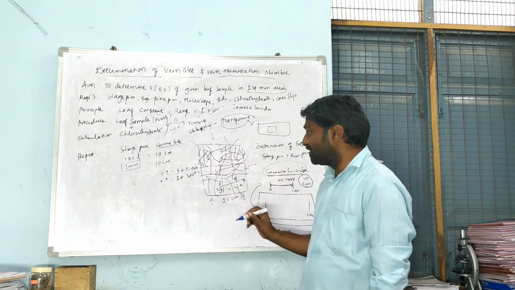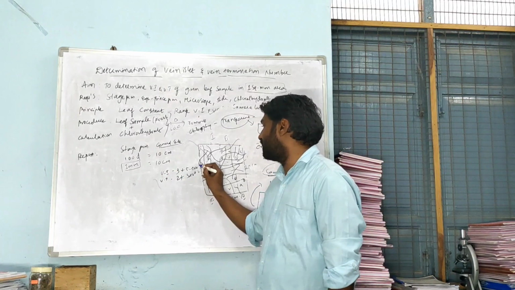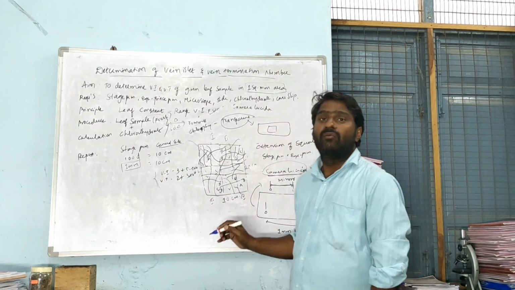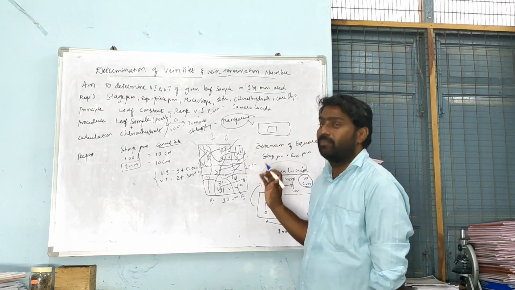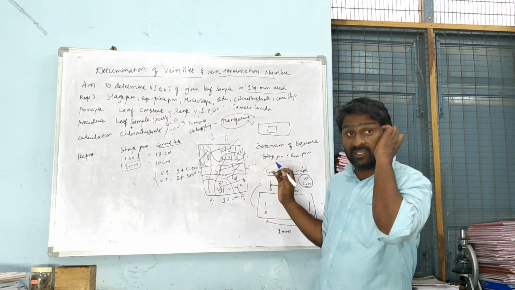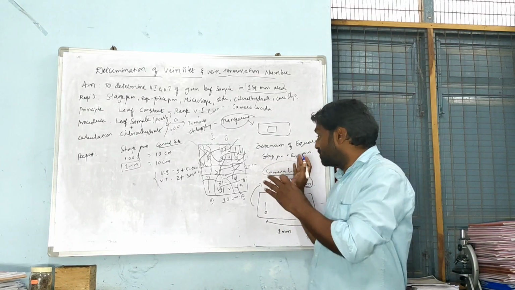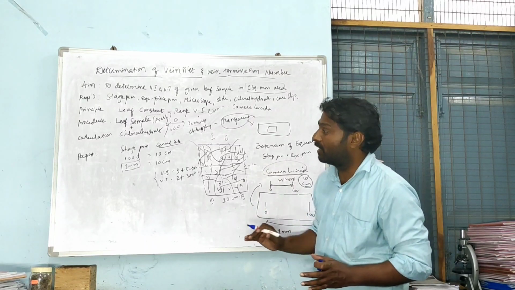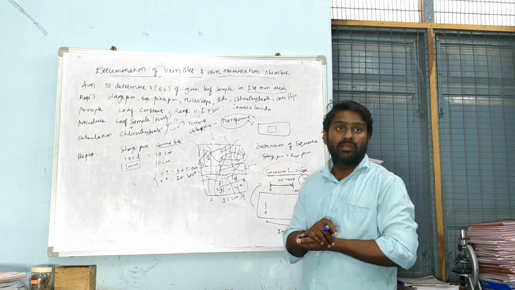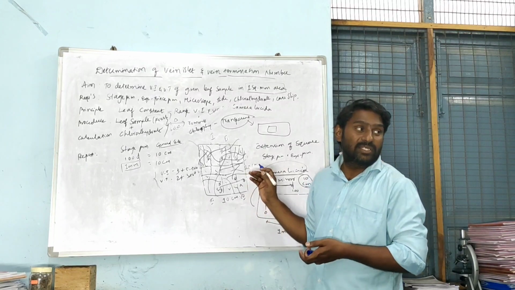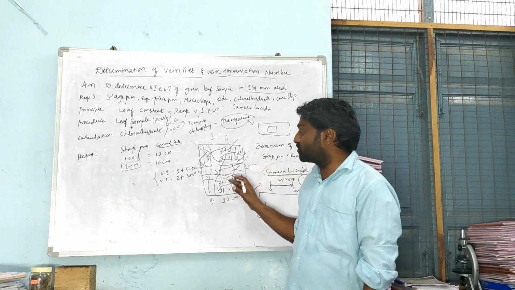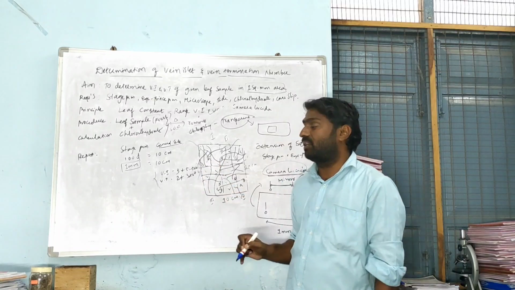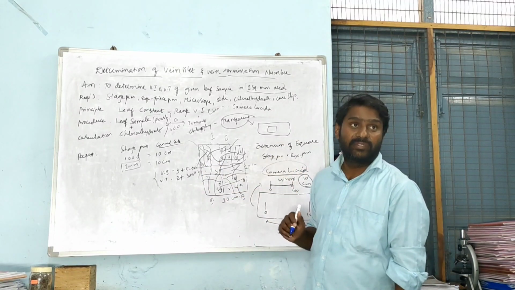Now what shall we do? We see the total number of vein islets and vein terminations present in the complete square. The square which is equivalent to 10 centimeters was traced from the stage micrometer, which is equal to 1 millimeter, and this 1 square millimeter is divided into 4 squares, and the total number of vein islets and vein terminations are counted here.